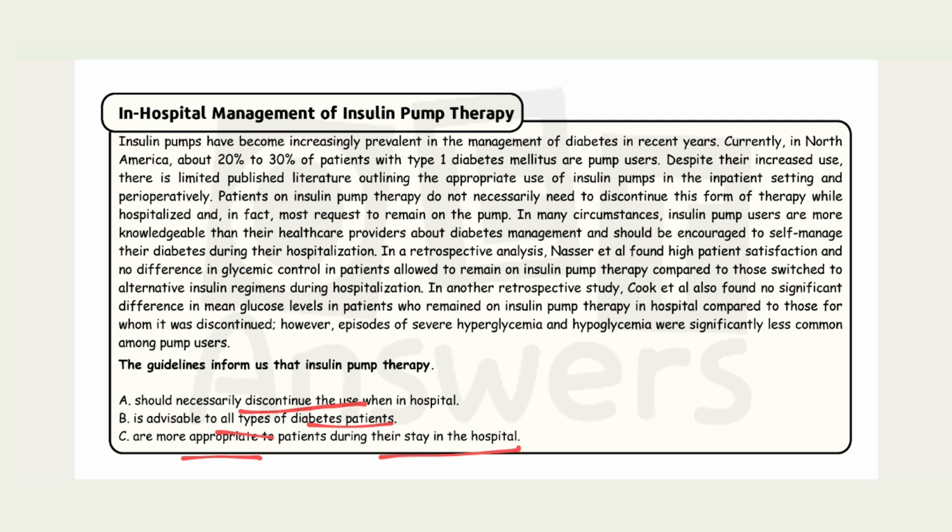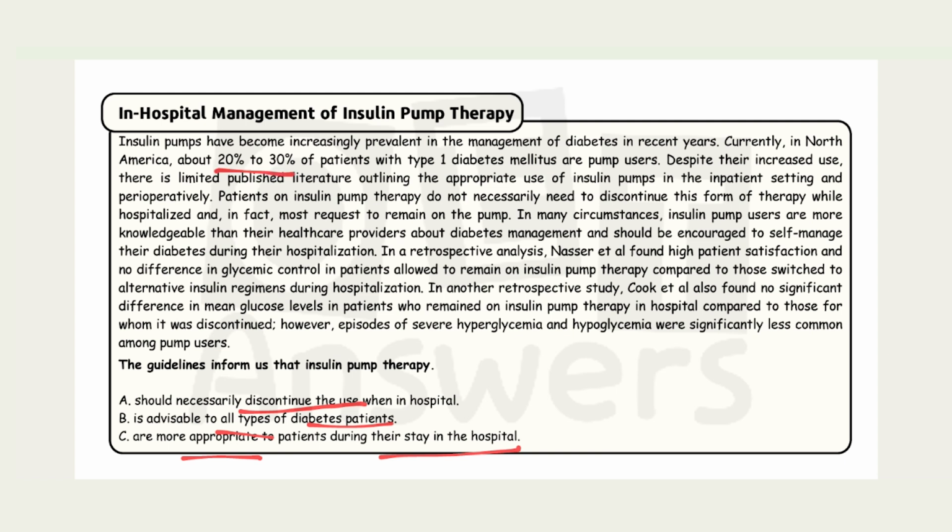Insulin pumps have become increasingly prevalent in the management of diabetes in recent years, which means many people are using the insulin pump to manage their diabetes. Currently in North America, about 20 to 30% of patients with type 1 diabetes mellitus are pump users.